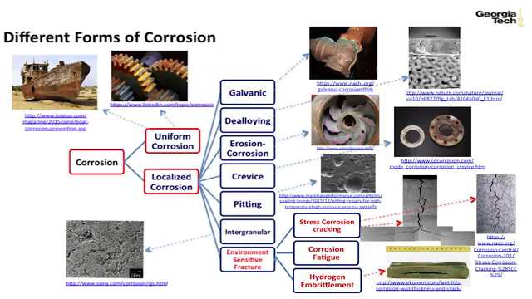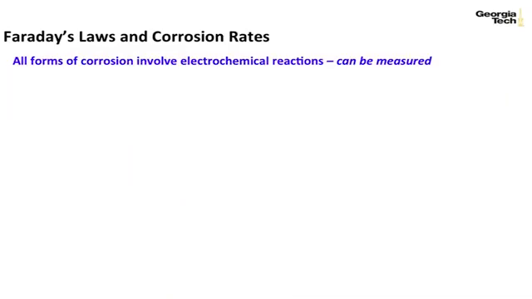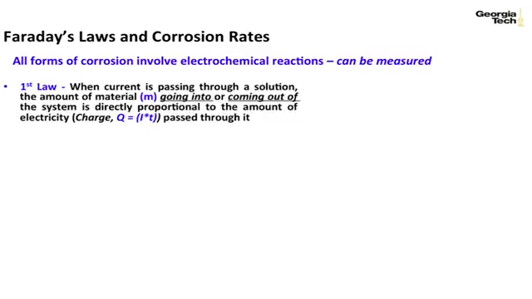And if hydrogen is produced in the cathodic process, it can enter the metal and cause hydrogen embrittlement, thereby causing premature failure as well. What is common in all these forms of corrosion is that they involve electrochemical reactions, and because of that they can be measured. The way to measure is by use of Faraday's law.